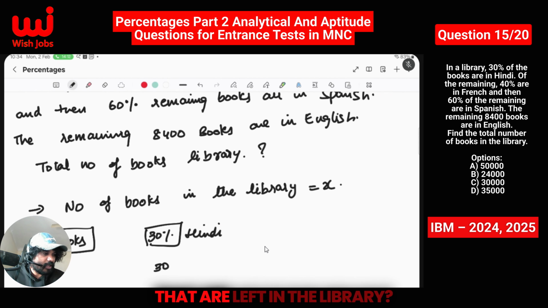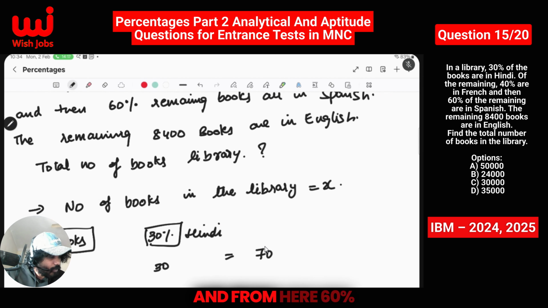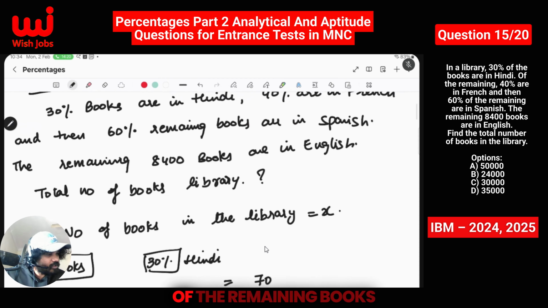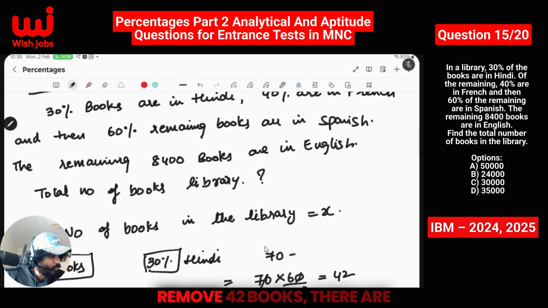What is the number of books that are left? 70. And from here, 60% of the remaining books are in Spanish. From 70, 60% of the books are in Spanish, so that is 42 books. From 70 books, if you remove 42 books, there are just 28 books in the library.